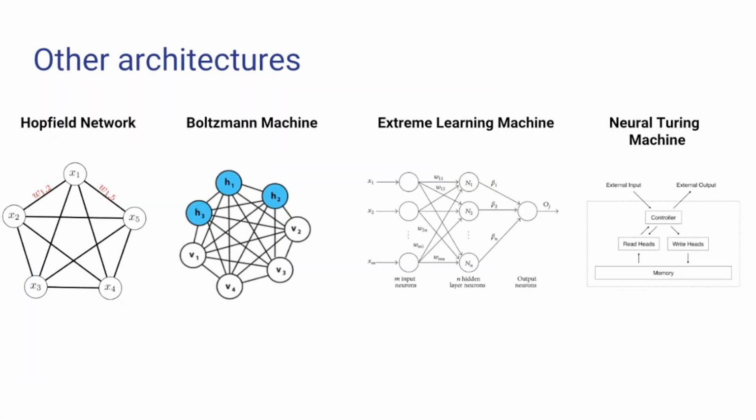Yeah. So just a few other architectures to perhaps look a bit deeper into. We have a Hopfield network, Boltzmann machine, extreme learning machine, and neural Turing machine. So the only network out of these that I've used is a Boltzmann machine, and it wasn't even just a regular Boltzmann machine.